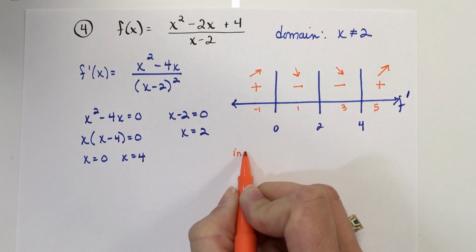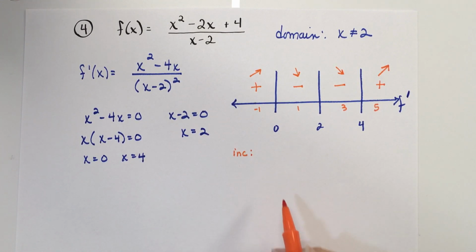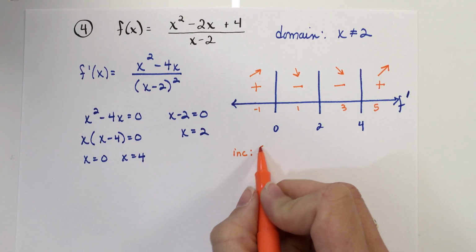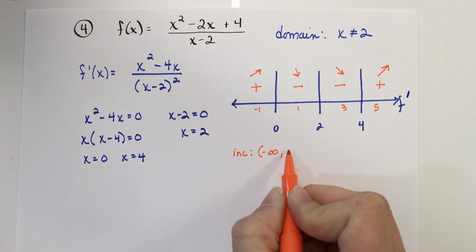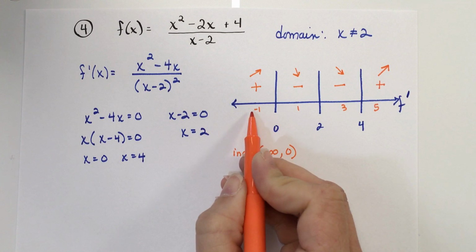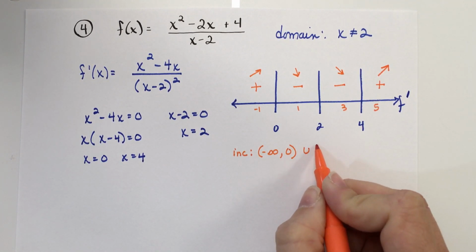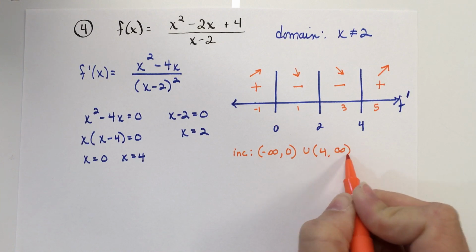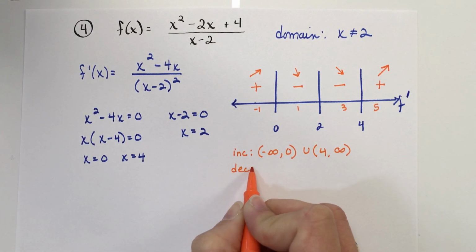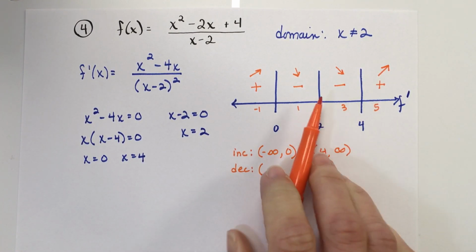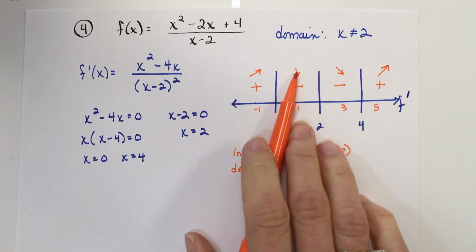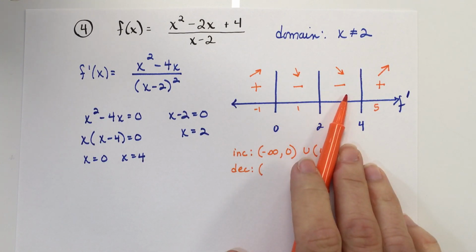All right, so let's go ahead and write the intervals for the increasing and decreasing. So increasing would be -infinity to 0, so that's this section. And then this section would be from 4 to infinity. And now our decreasing: since these are side by side, can I put them all together in one interval?